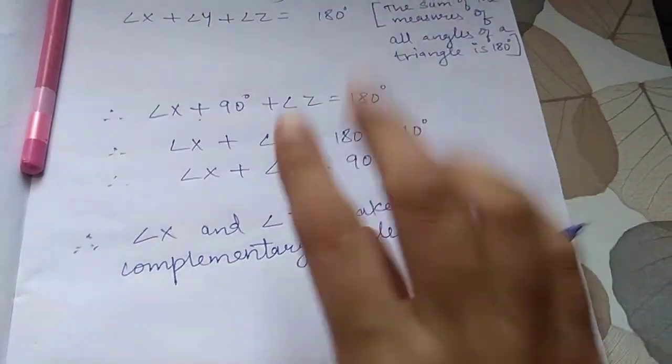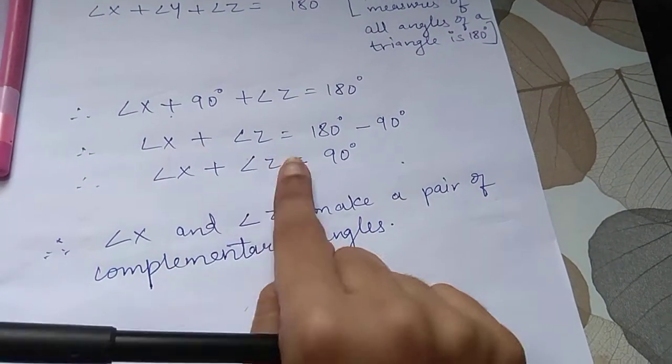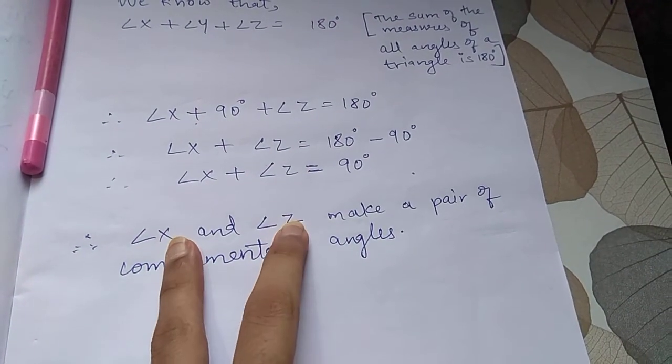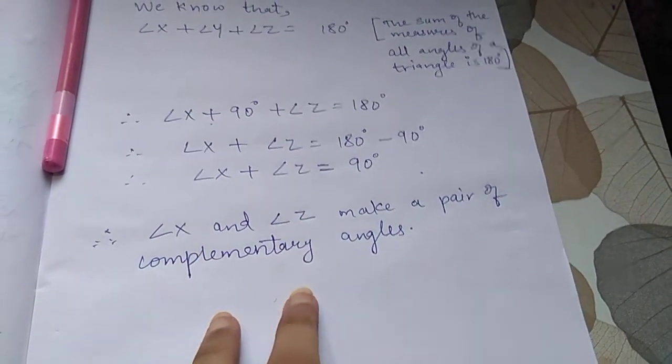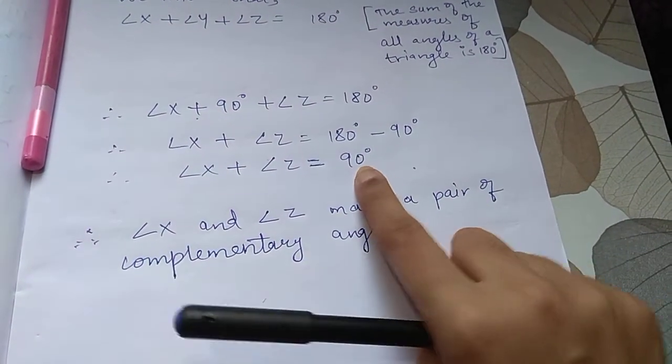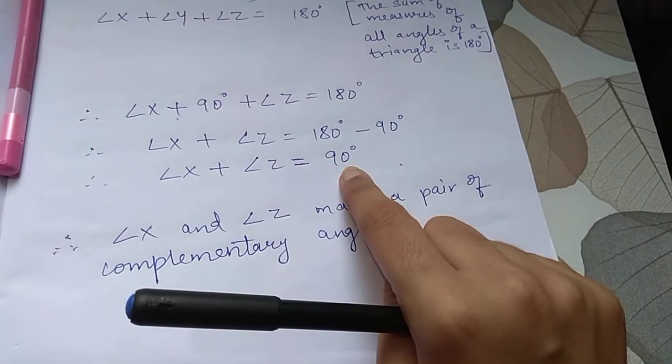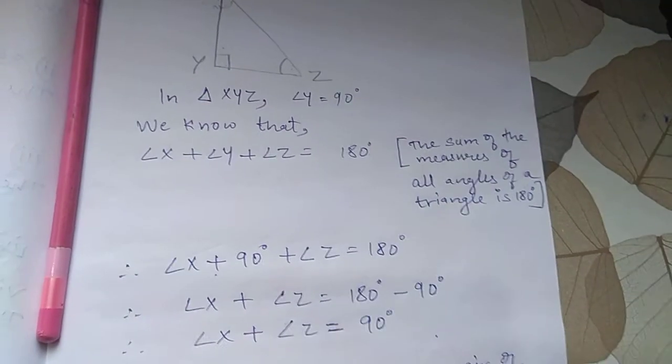We do not have to find the individual measurements of X and Z, but what they form together. Together they make a pair of complementary angles, because when we add them we get 90 degrees, and this is the property which we have used.